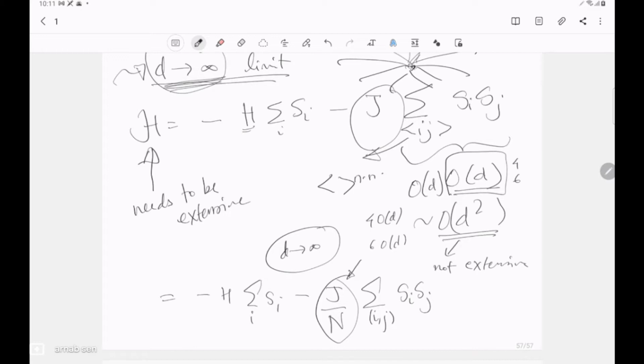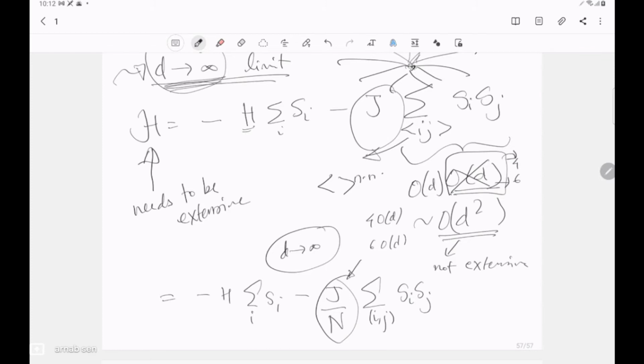No, it is extensive because, see, in finite dimension, suppose you're in 2 dimensions or in 3 dimensions, then this is not order D anymore. This is a number like 4 or 6. How many neighbors do you have in a two-dimensional lattice? Nearest neighbors, 4. Right? In a three-dimensional lattice, you have 6.